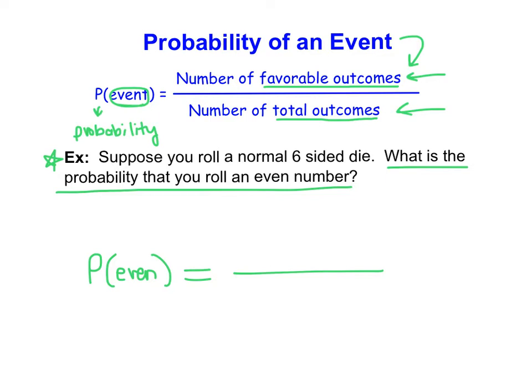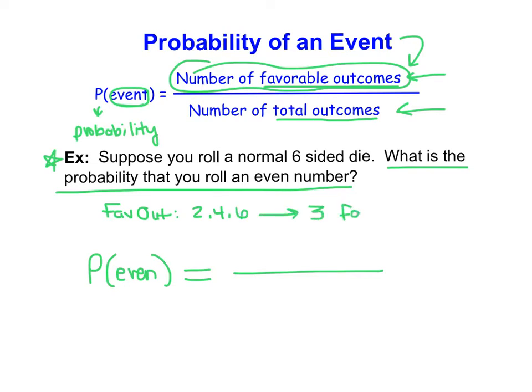Now, in order to form this fraction, we need the total number of favorable outcomes. Well, if I'm rolling a 6-sided dice, even numbers that I could roll are 2, 4, and 6. So as a result of this, I have 3 favorable outcomes.